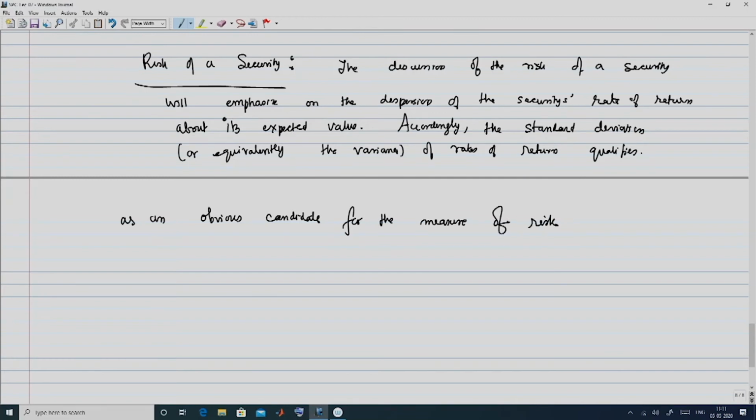So, just to elaborate a little bit on this, as we have earlier identified, the deviation from the expected value, which is the average value, is an indicator of how volatile the movement of the random variable is, and in this context we are worried about the volatility of the return. So, the obvious choice is that we look at the deviation of the return from its expected value, which we have just calculated, take the square of it, and take its expectation, which gives us the variance.